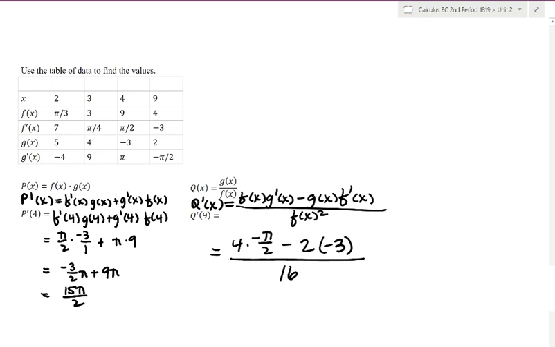So that's negative 2 pi plus 6 over 16. And yeah, you could simplify that if you wanted. That would be fine.